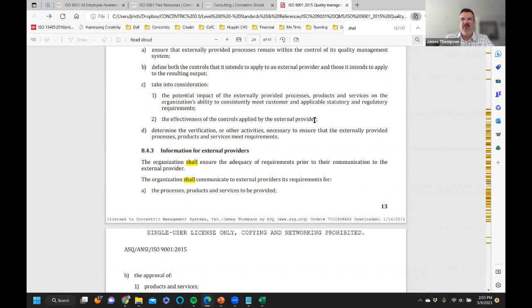So if the external provider has very little controls, you're going to have to take into consideration the increased controls you might have to have internally to offset that gap. And then determine the verification and other activities necessary to ensure that externally provided processes, products, and services meet requirements.